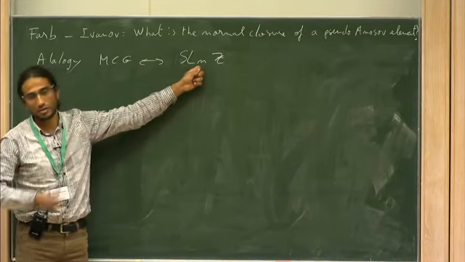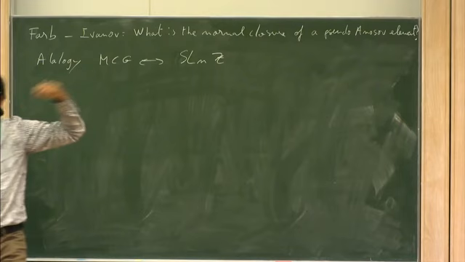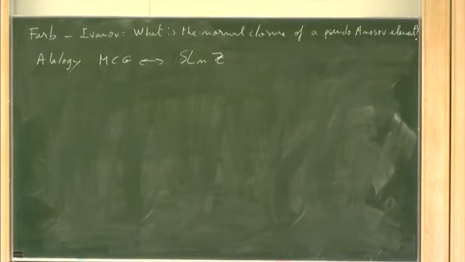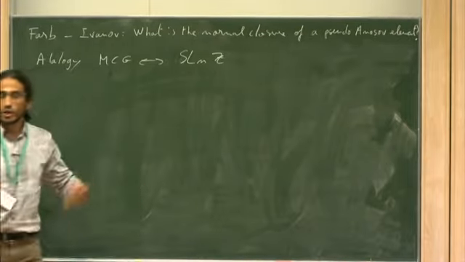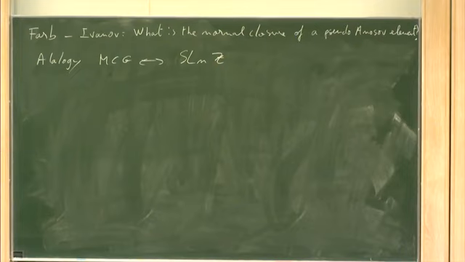GL_n(Z) is the automorphism group of free abelian groups, Z to the n. The mapping class group is the automorphism group of surface groups. So you have on one side Euclidean lattices and their automorphisms, on the other side hyperbolic lattices and their automorphisms. It's a good start for this analogy, and a lot of things were done in this trend.